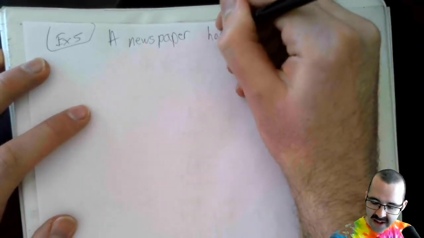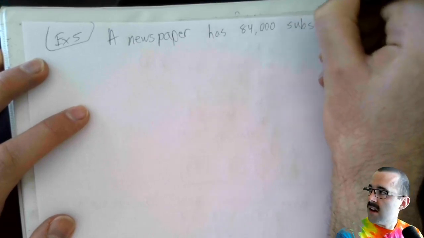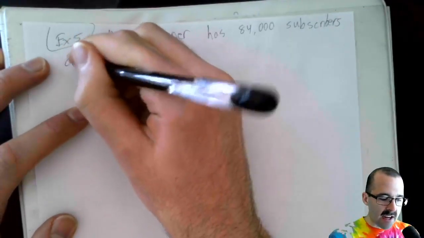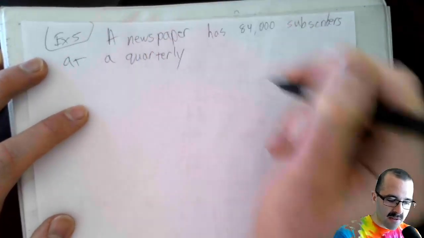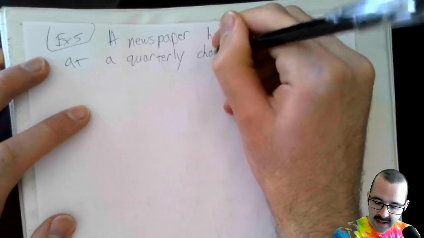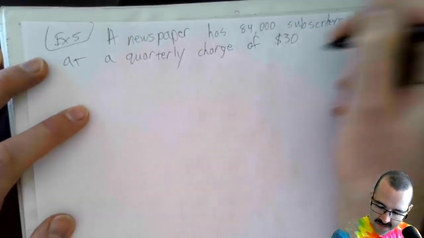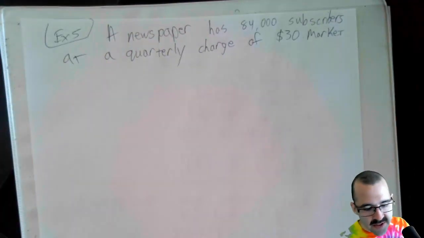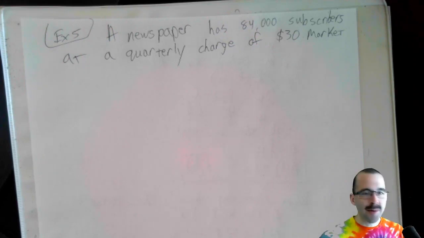The newspaper has 84,000 subscribers at a quarterly charge, so that means every 3 months, 4 times a year, of $30. So this newspaper is losing money. It's losing money because people don't really read a lot of newspapers anymore.